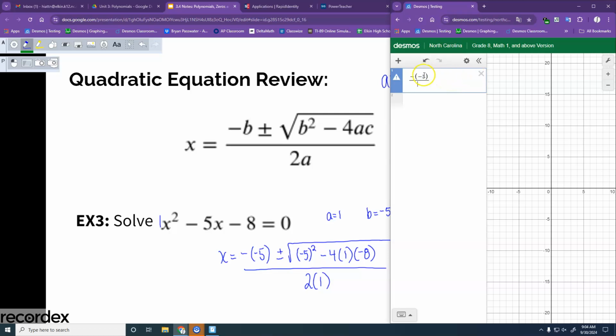You cannot type a plus or a minus in, so you type a plus first: the square root of -5 squared minus 4 times 1 times -8, all over 2 times 1. Okay, it gives you a decimal.